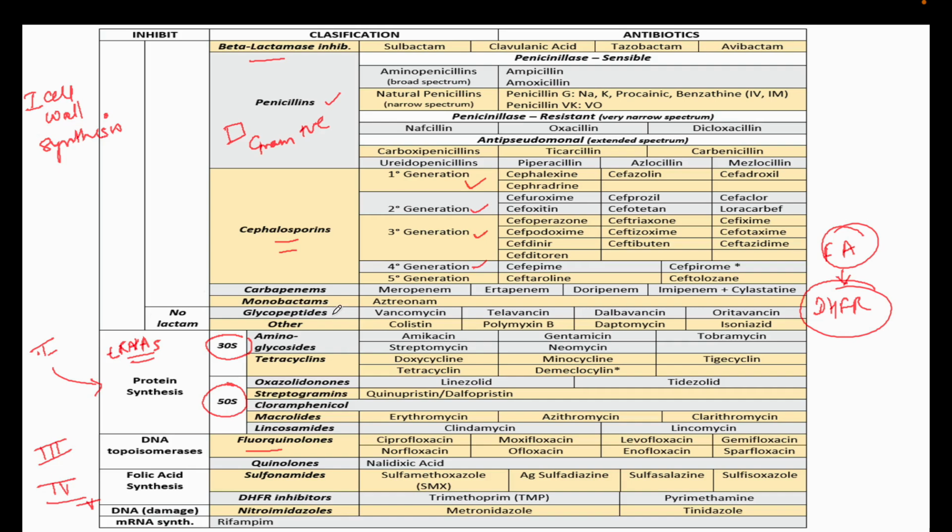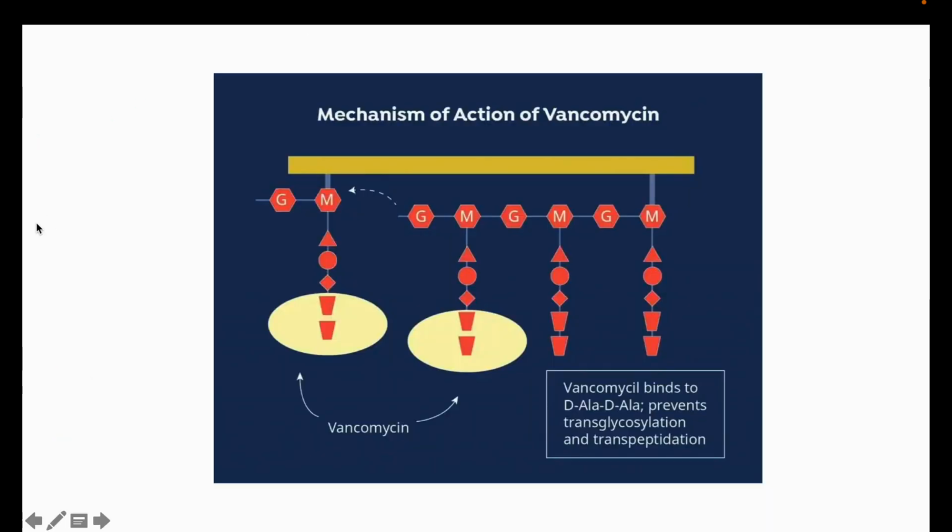And then in cell wall synthesis we have different glycopeptides. These glycopeptides include vancomycin and others. I'll explain in detail about vancomycin. The mechanism of action is very simple.